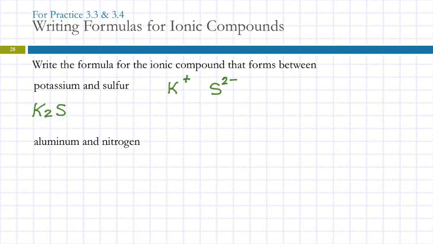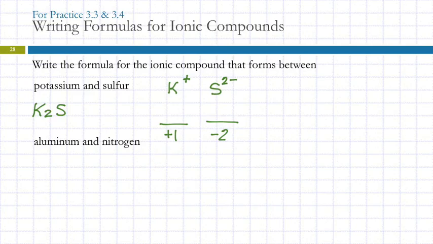So down here below, I'm going to add up the charges. It's not really anything to add, but over here I've got a +1 charge, and over here I have a -2 charge, because this one is 2 minus, and this is +1. These numbers are not the same. I need +1 and -1, +2 and -2, +3 and -3, something like that. Well, I can't change the charges. All I can do is add more ions.